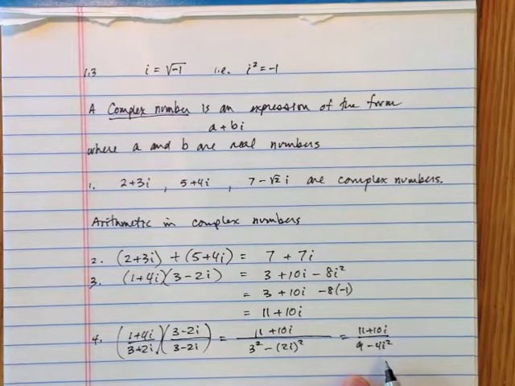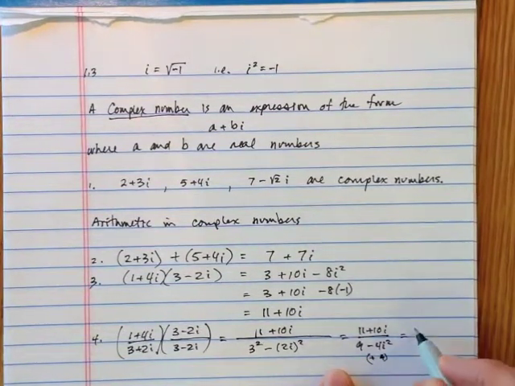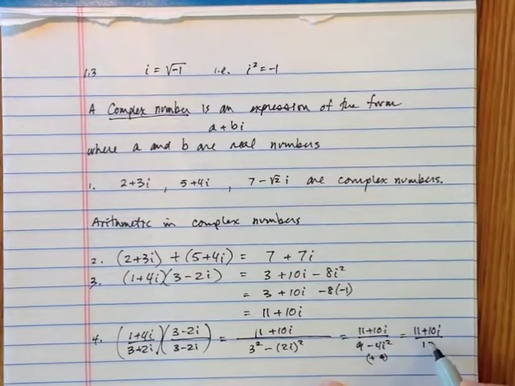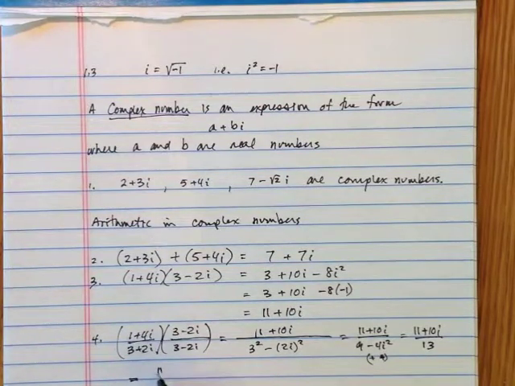But i squared is negative 1, and I'm running out of room on this piece of paper. This is plus 4. So it's 11 plus 10i divided by 9 plus 4, which is 13. Also known as 11/13 plus 10/13 i. Made it.